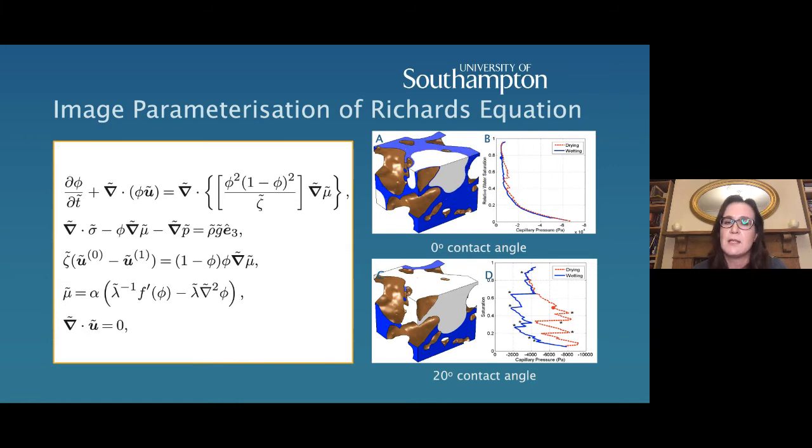We used what's called phase field modeling of the air-water mixture in the soil, and then applied two-scale homogenization methodologies to this. And what you can see here now on the right, we can predict these soil water release curves based on images, and more importantly, we can manipulate the important parameters that might induce changes to the water behavior in soil.